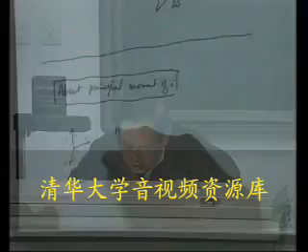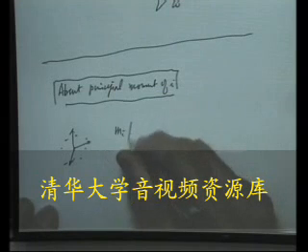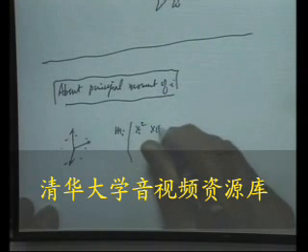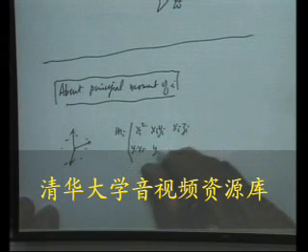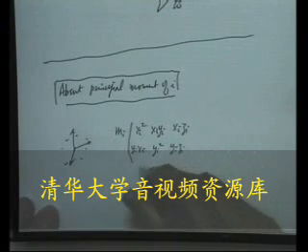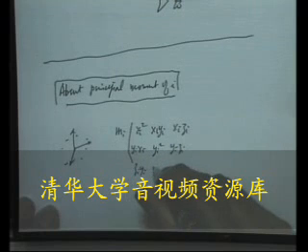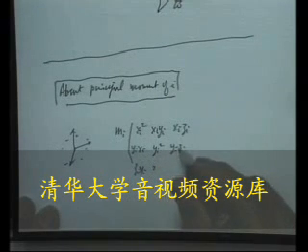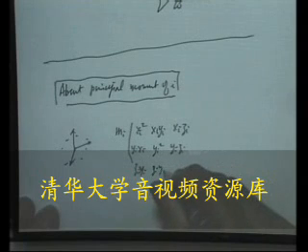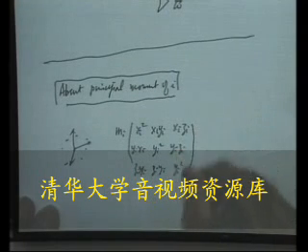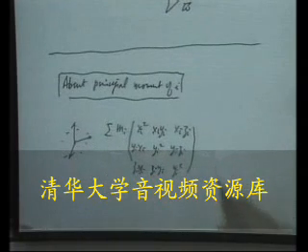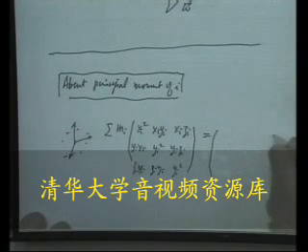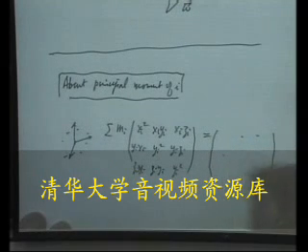So the contribution is, we have written this as m_i times x_i squared, x_i y_i, x_i z_i, y_i x_i, y_i squared, y_i z_i, z_i x_i, z_i y_i, z_i squared. And when I sum it, let's forget about the off-diagonal elements.